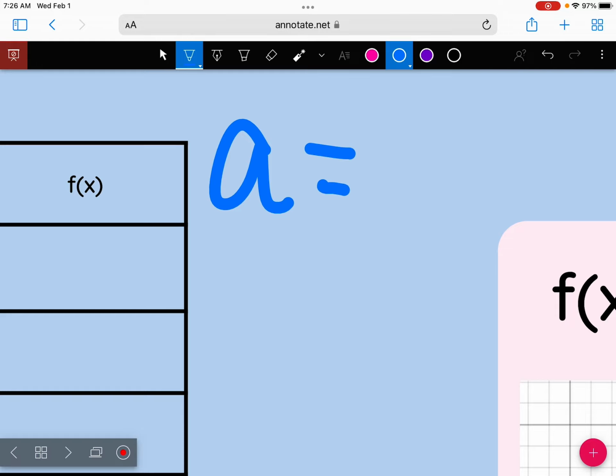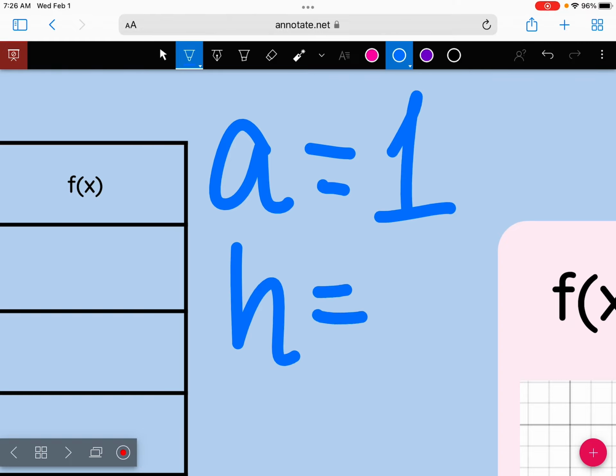A is not 4. 4 is our base value. What technically is in front of 4? 1. Yep. A is 1, so A doesn't really matter because it's not affecting our graph at all.